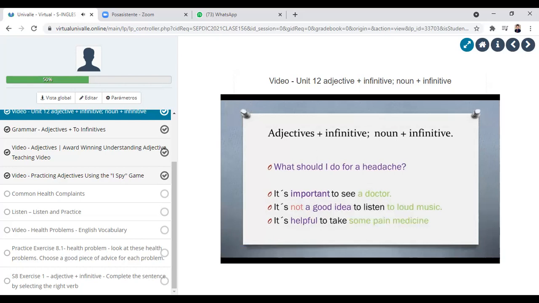Okay, that is the grammar explanation when using adjectives plus infinitive, noun plus infinitive. Okay, it's very simple. It's really practical to use it and to put into practice, which is the most important part when learning something new in English.